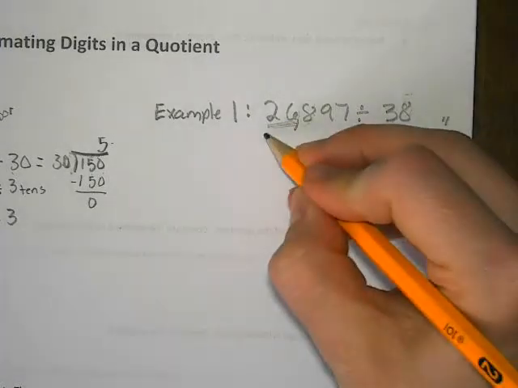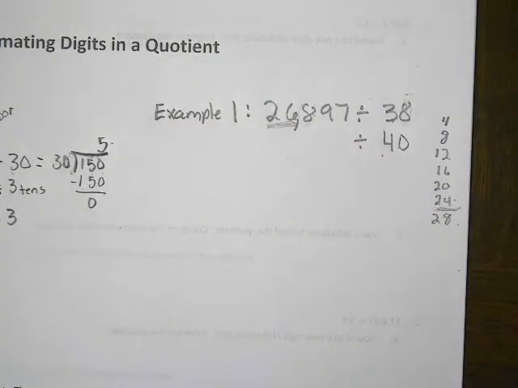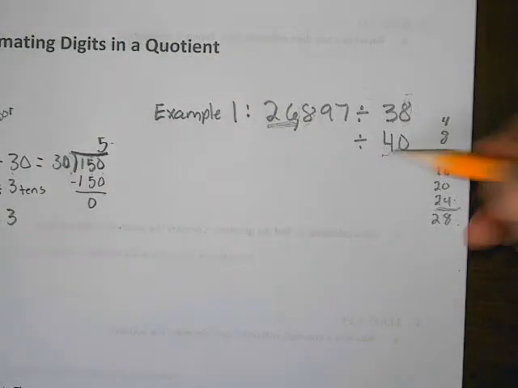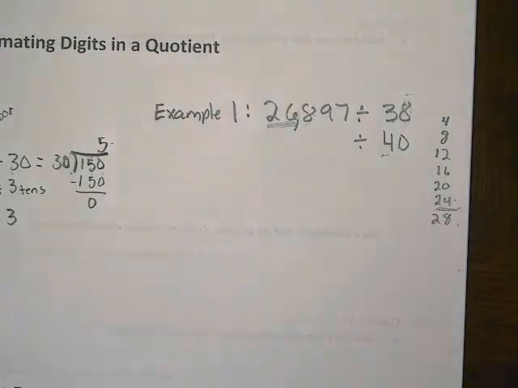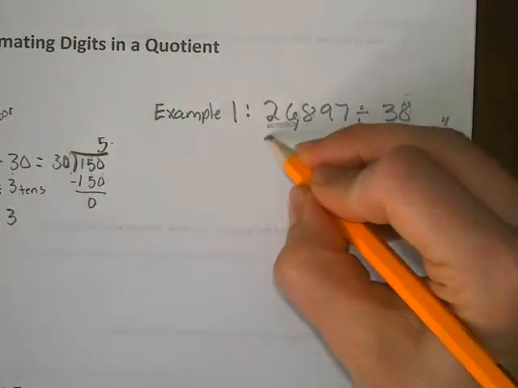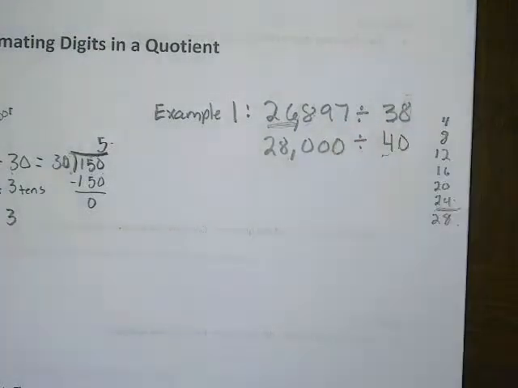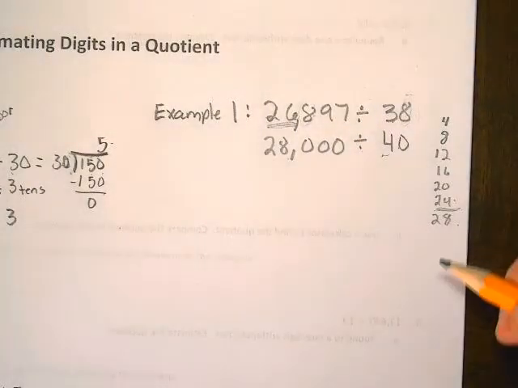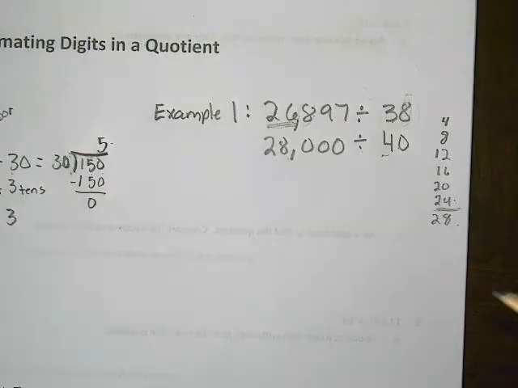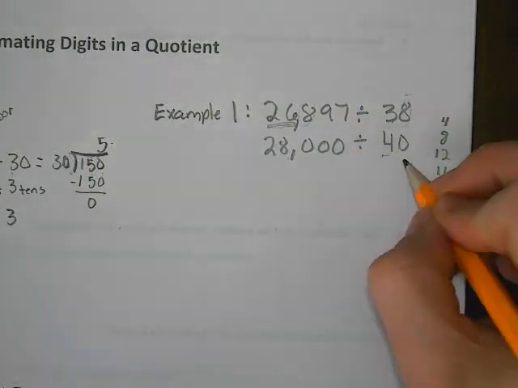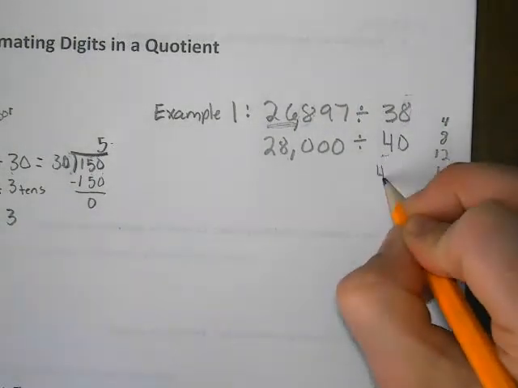Now, what I need you to know is that you could also go down to 24. It's estimating. And so as long as you're rounding to a multiple of 4, it's fine. So we're going to go to 28,000. And now what this is, I have 4 tens.